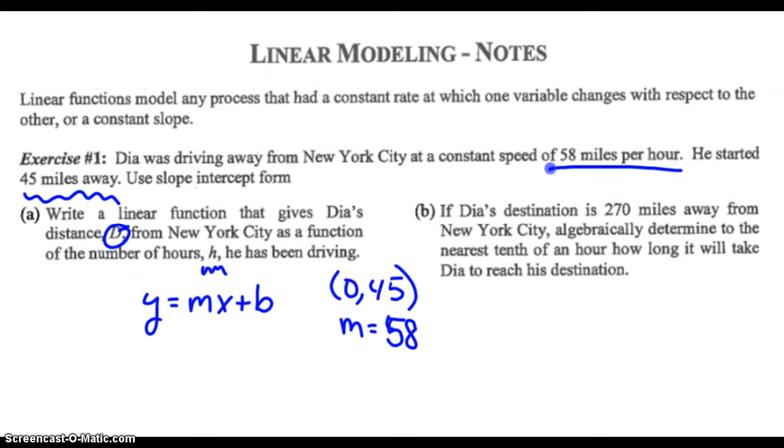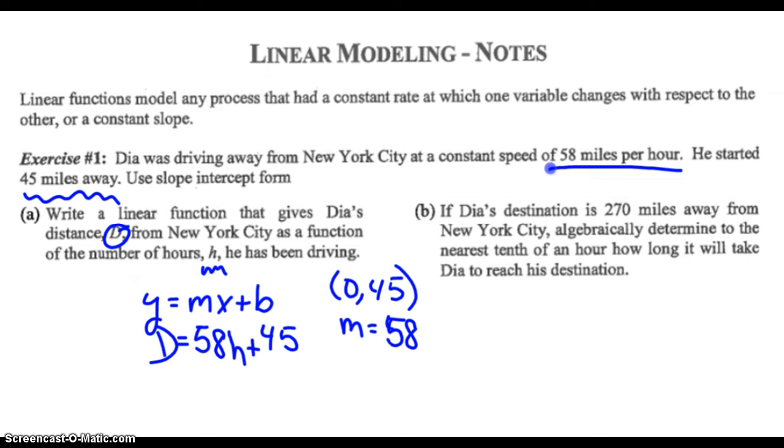I'm going to fill in my y-intercept is 45, and my slope is 58. Instead of using the x and the y, I want to use the h for how many hours and the d for my total distance.